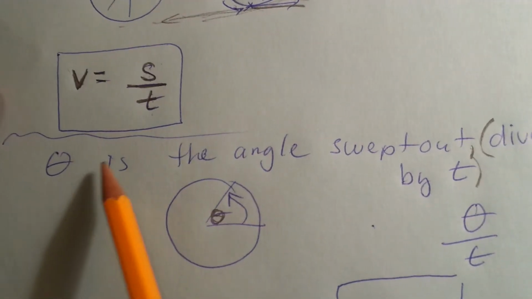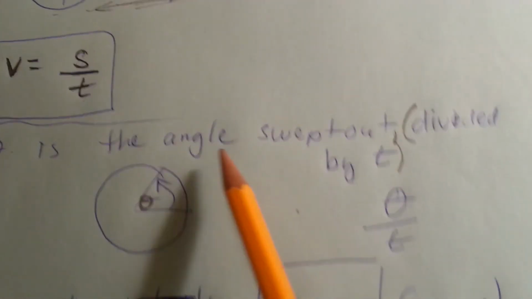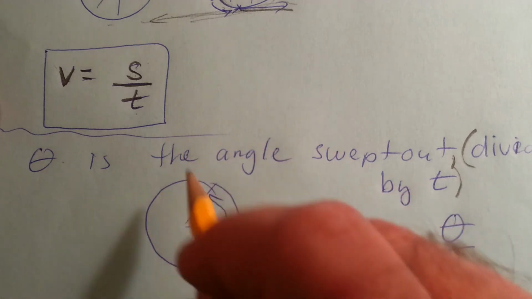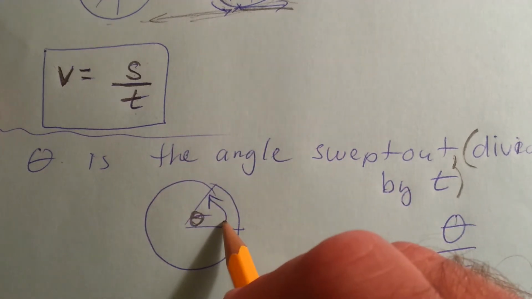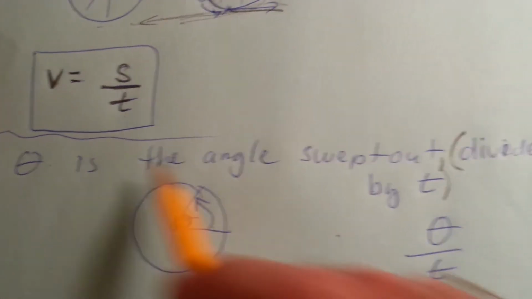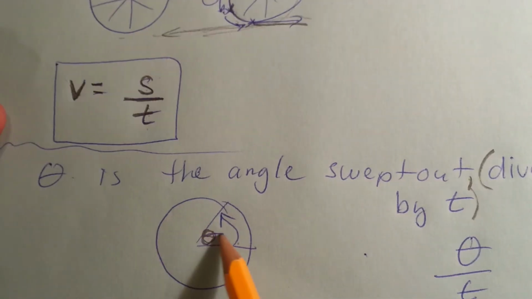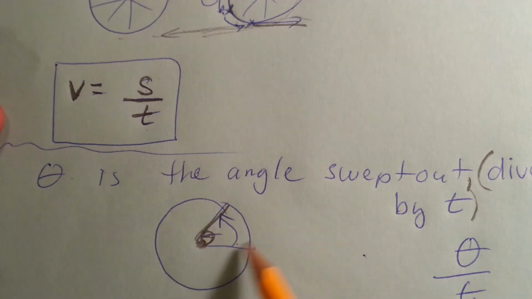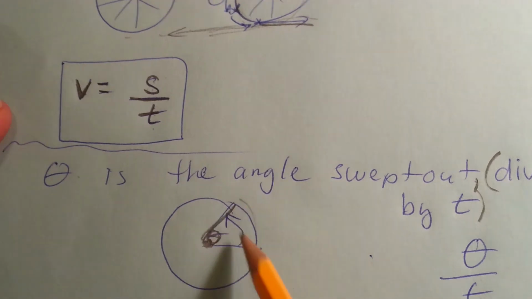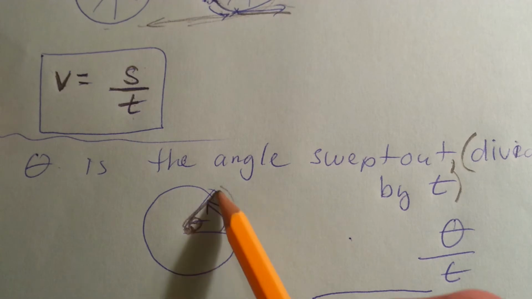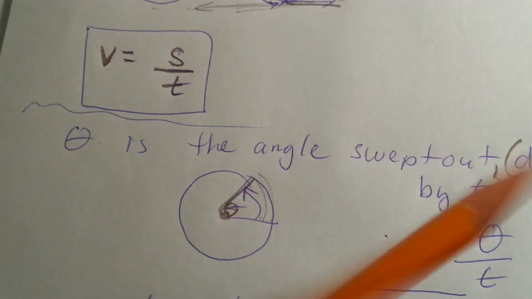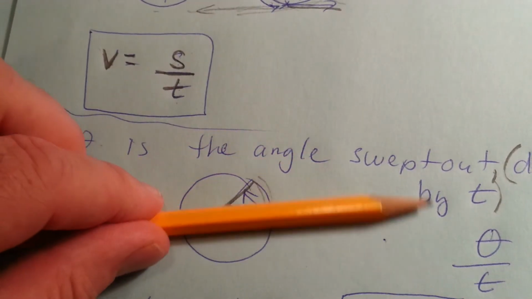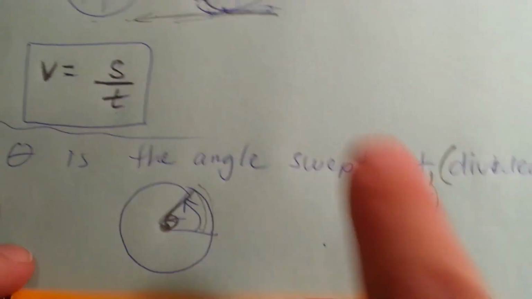Now let's talk about theta. When we talk about angular velocity, we're going to use theta, and how fast this central angle, because the center of this angle is the center of the circle, how fast do we sweep through this? So theta is the angle that we rotate through in a given amount of time.